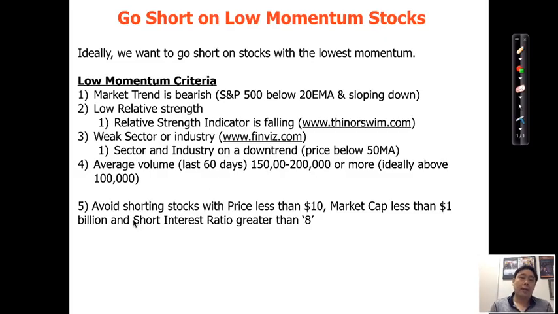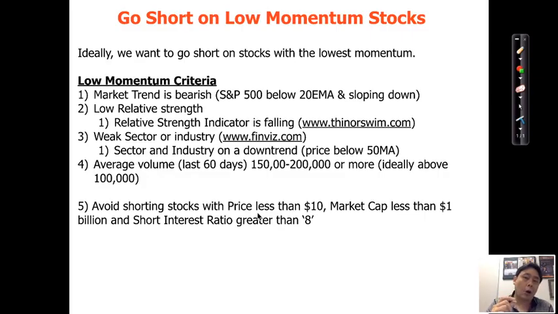Finally, understand that shorting stocks has an inherent risk, which is if the stock suddenly doubles or triples in price overnight because of some fantastic news, you could end up losing more than you put in, okay? So in order to protect ourselves, we need to be a bit strict about shorting stocks. I avoid shorting stocks with price less than $10. Why?